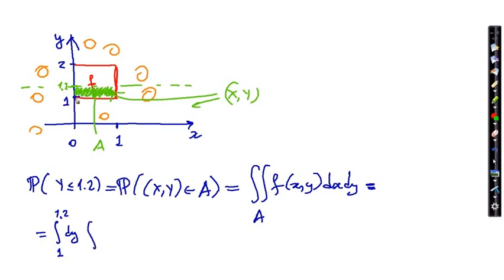And then for each y, for the points inside this A, x is running from 0 to 1. So from 0 to 1, our function f, and inside this region, our function f has the following form: 1 over 3, (1 plus 4x squared y) dx.